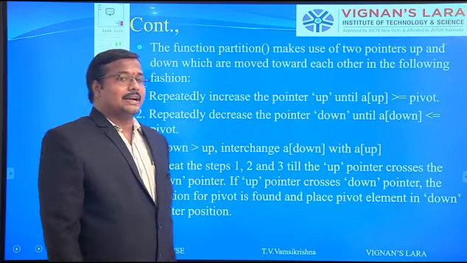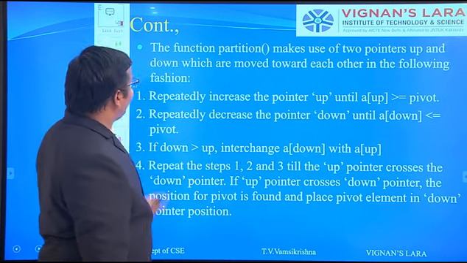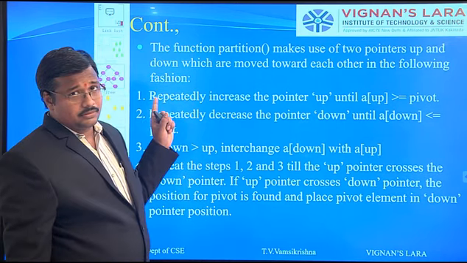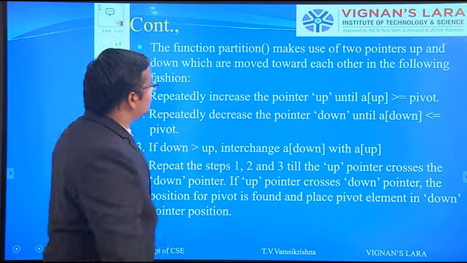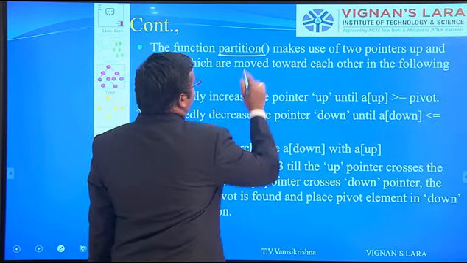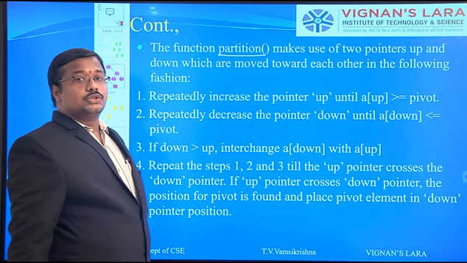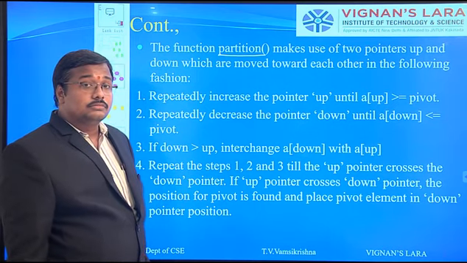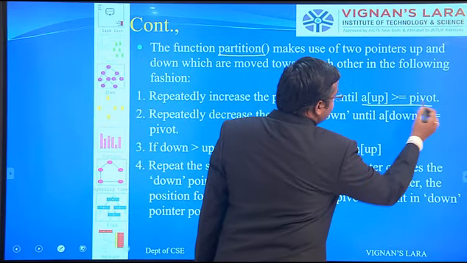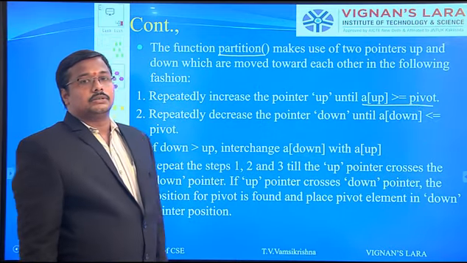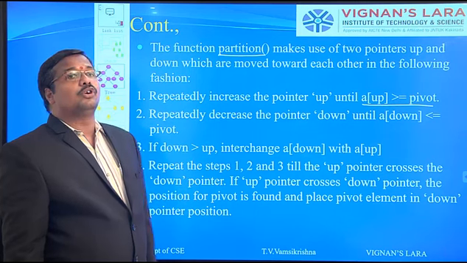In the quicksort technique, we mainly apply three kinds of operations. The first one is the partition function. In the partition function, we check whether A of up is greater than or equal to the pivot or not.